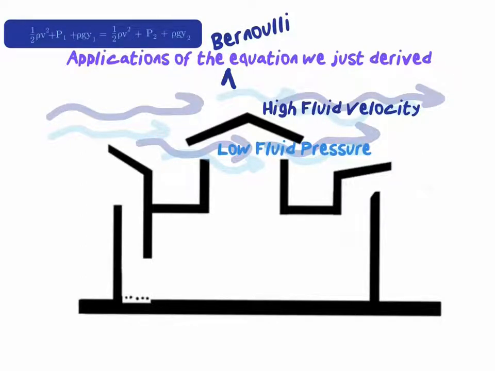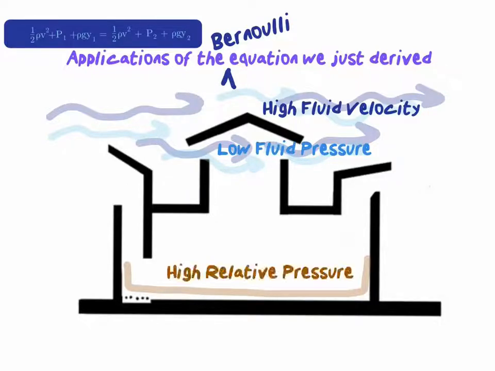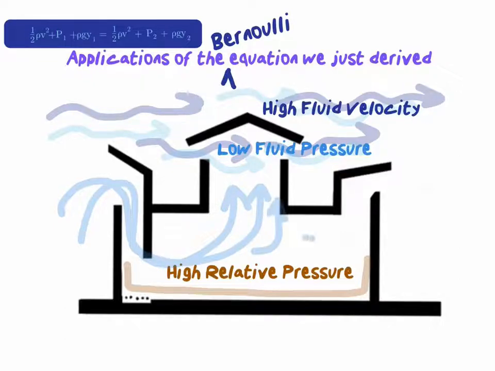So it creates a low pressure place up here at the top, and down here at the bottom of the house where most people would be residing, the pressure relative to the top is pretty high, and that's going to cause the airflow to move up, because remember, fluid will always flow from a place of high pressure to a place of low pressure. We've established that many times in this fluid dynamics series.